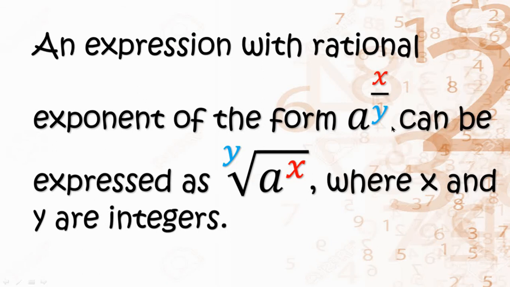This is the exponential form, with a fractional exponent because the exponent is a fraction, with numerator x and denominator y. We can write it as the y root of a raised to x. Notice that our base a is inside the radical sign, which we call the radicand. The numerator of the exponent is the power of the radicand, while the denominator of the exponent is the one outside, which we call the index.